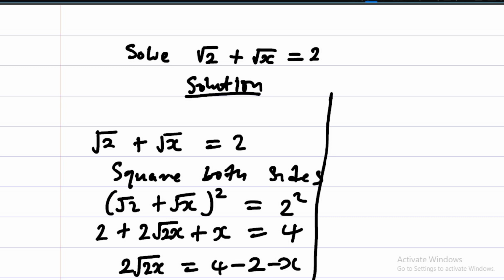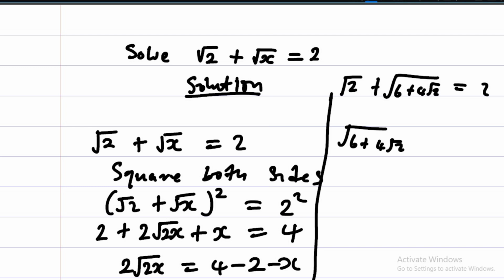So let's have that this is root 2 plus the square root of 6 plus 4 root 2 is equal to what? 2. Now if this one moves to this side, I'm going to have that the square root of 6 plus 4 root 2 is equal to what? 2 minus root 2. Is it the same thing? If we square both sides, let's see if we have the same thing.